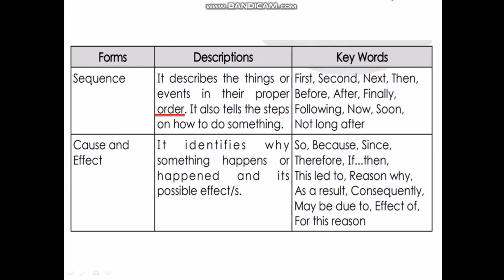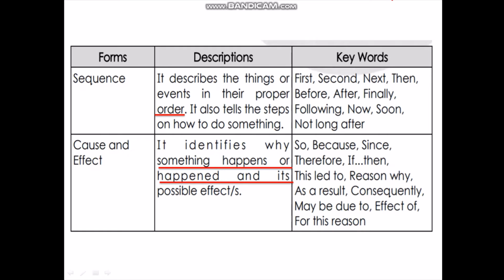Next one, cause and effect. So it identifies why something happens or happened and its possible effects. Okay? So cause and effect. Example, I have a toothache because I ate too many chocolates. That one is an example of cause and effect because it tells why something happened and it tells the possible effects.